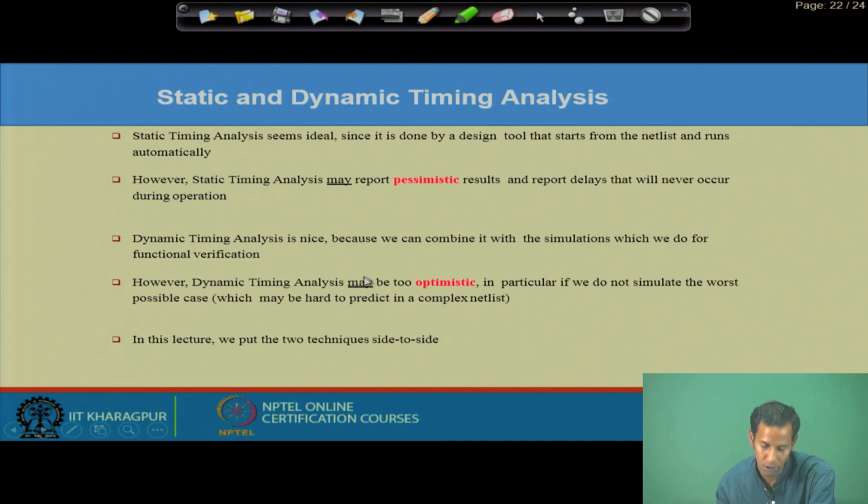What is the difference between static timing analysis and dynamic timing analysis? In static timing analysis we do not consider that, depending on the inputs, whether 0 or 1, the circuit changes its behavior.